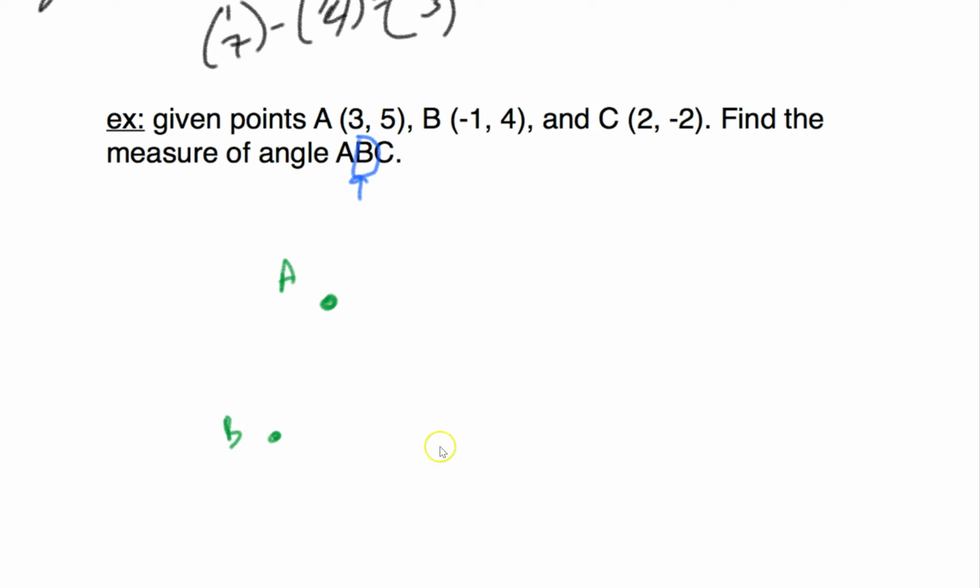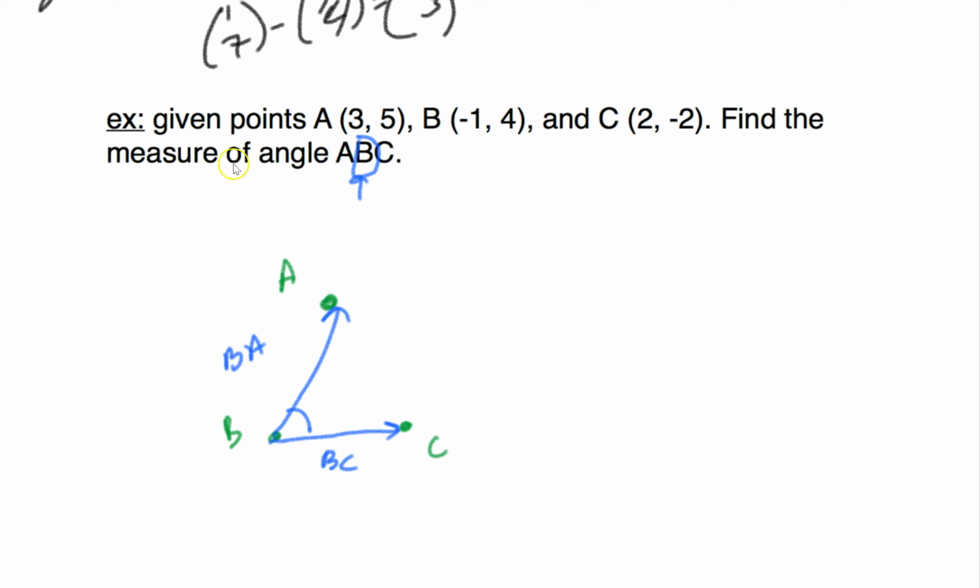So A, B, and C. I want the angle at B, so I need a vector going this way, called BA, and a vector going this way, called BC, because that's what it's asking about.